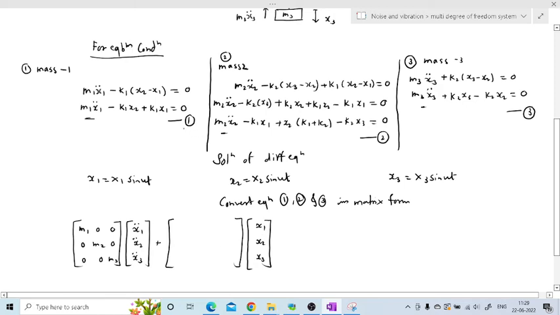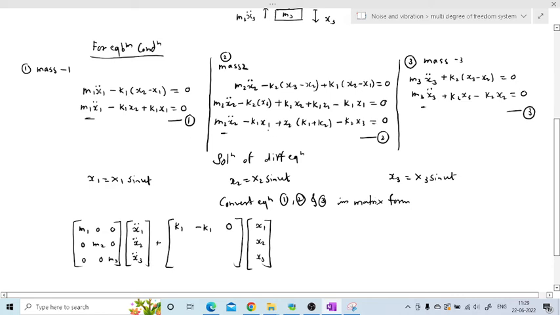For the first equation, what is the coefficient along with x1? It is k1. So here I'll write k1. For x2 it is minus k1, and here we don't have x3, so it is 0.